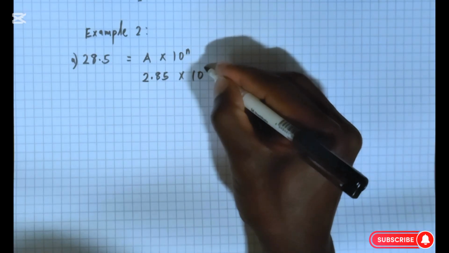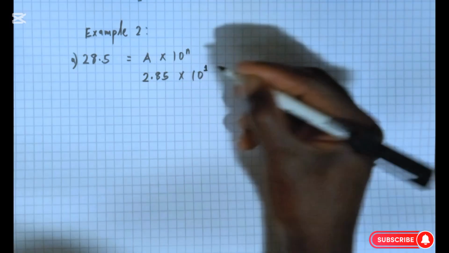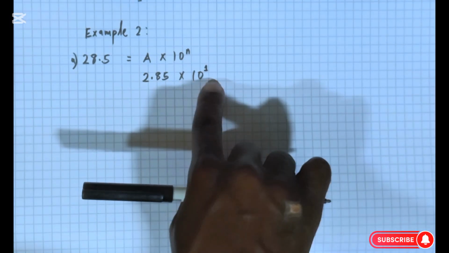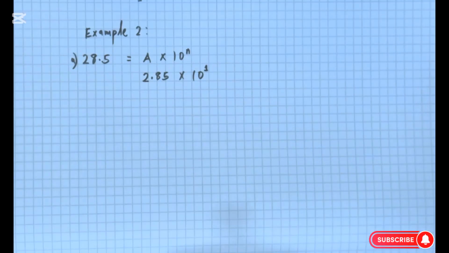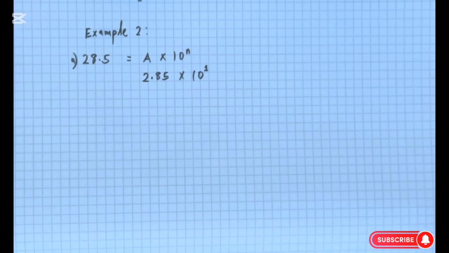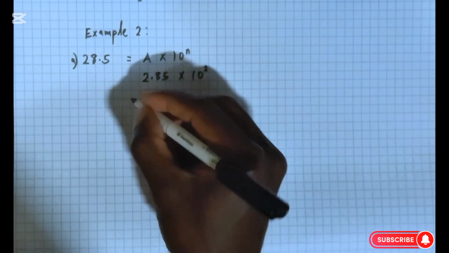And so we're going to have to raise our 10 to 1. When you multiply 2.85 by 10, you still get 28.5. So the number of times we've moved the decimal point is what forms the power of 10.